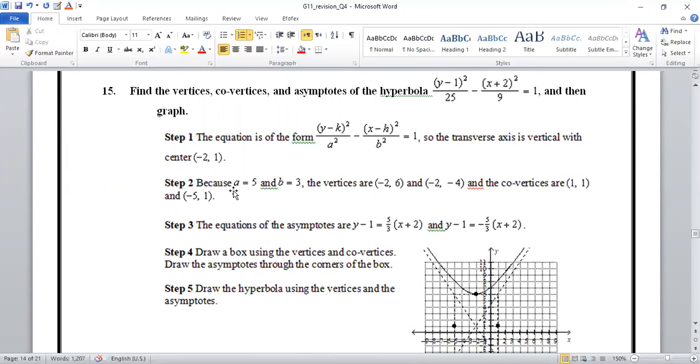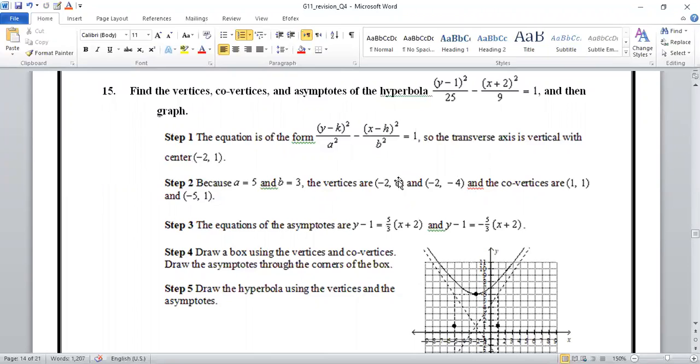Step number 2: from the equation, a equals 5 and b equals 3. The vertices are (-2, 1 plus or minus 5): 1 plus 5 equals 6, and 1 minus 5 equals -4.